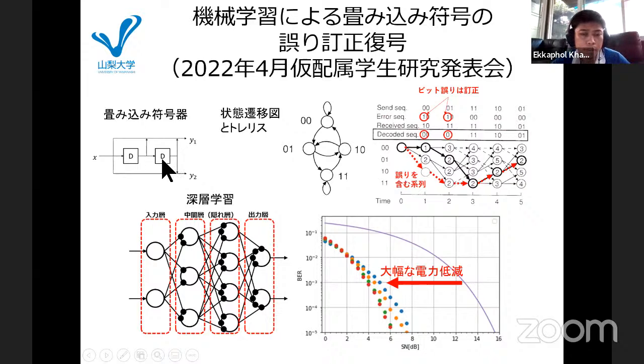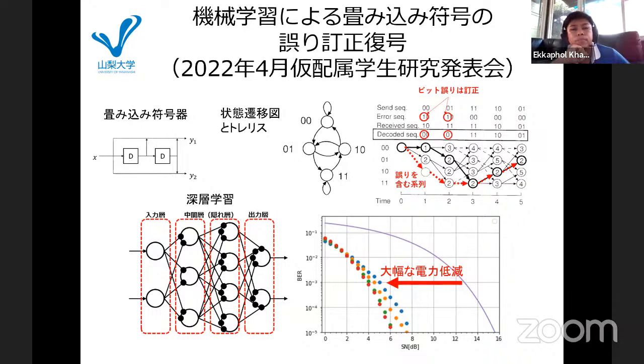It means this convolutional encoder has states indicated by the content of these memories, for example, 00, 01, 10, 11. So this convolutional encoder has four states: 00, 01, 10, 11.